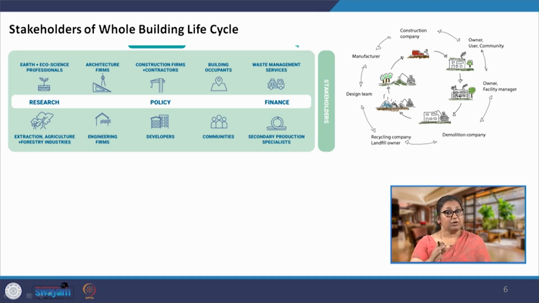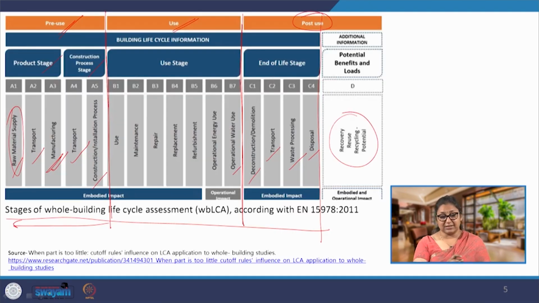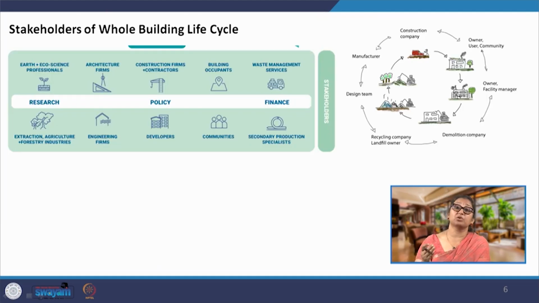Now, if we look at all these stages which we have just seen, the pre-use, use and post-use, we have different stakeholders who are coming in at different times. So, we will have the earth or eco-science professionals, we have the companies who are involved in extraction, we also have agriculture and forestry industries who might be associated for supply of materials, for example, wood or bamboo or similar such organic materials, they may be procured from these stakeholders.